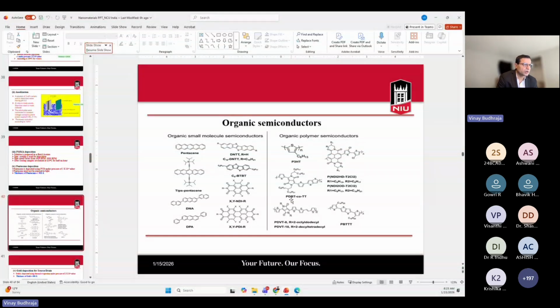So in the organic semiconductors, both N and P type of organic semiconductors are available to make organic electronic devices. So with time, this area is also evolving and giving us more flexibility and more materials available to make organic electronic devices.